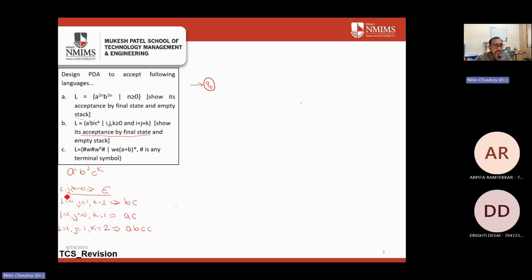If you're assuming that i, j, and k all are non-zero values, ultimately you will have A as a first symbol. If we have A as a first symbol, let's push capital A for each A. So initially we'll have Z0 on the stack top. Push A for Z0.